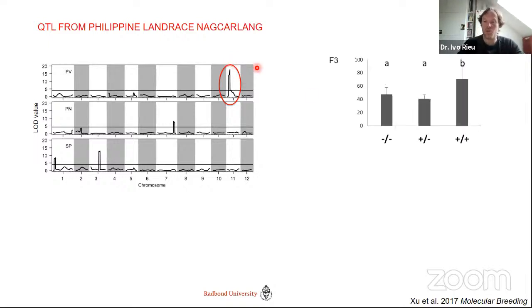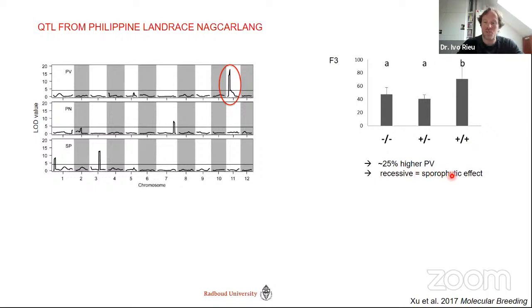So that's very nice. If we look in the F3 and look a little bit better at this QTL, we see that you need the Nagkalang allele in a homozygous state to get this higher pollen viability. It gives about 25% higher pollen viability, but it's a recessive trait. You need it homozygous.